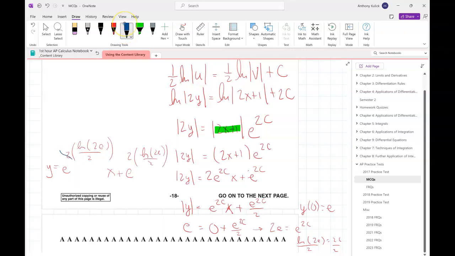And let's look to see what happens. These 2's cancel out. And then this e cancels that natural log. So we're left with y equals 2ex plus that e cancels that natural log, 2e. Crud. I have an extra 2 floating around.